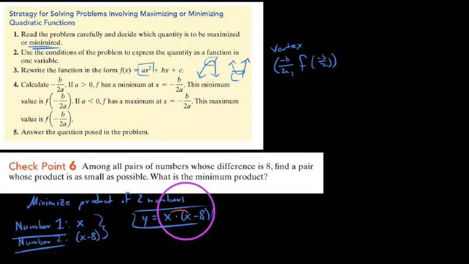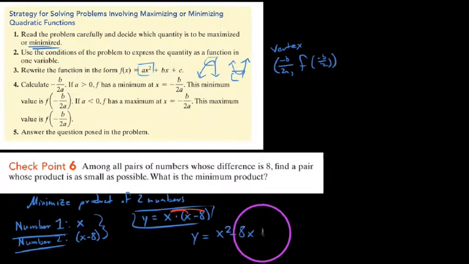All that really means is once we get this here, we simplify by rewriting it as x squared minus 8x and put it in standard form. And I do want to point out that our c value is 0 here. But that's not going to bother us very much. Next, what we want to do is find the vertex values, what that minimum product would be. Okay.